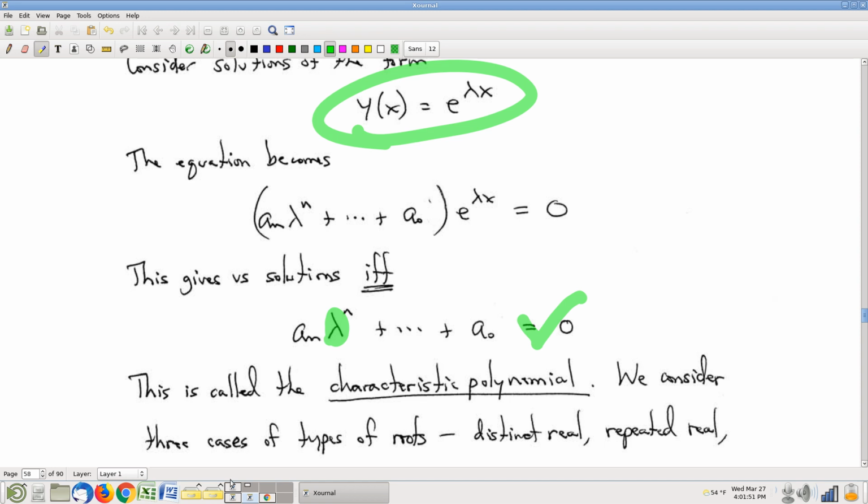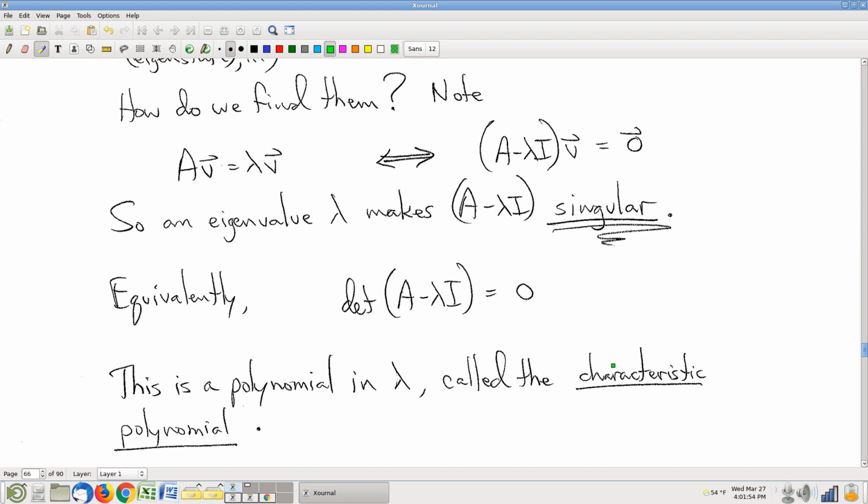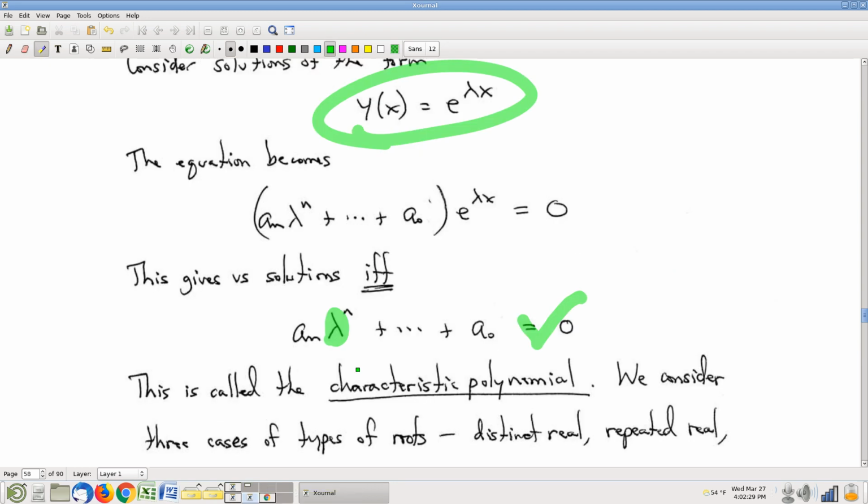And notice that same thing is happening over here with this brand new characteristic polynomial. It has roots that, once you have them, you put them here, and then you row reduce to find the vectors, which give you the things that you're looking for. So the shared term characteristic polynomial kind of makes sense, in that in both cases it's a polynomial whose roots tell you what you want to know.